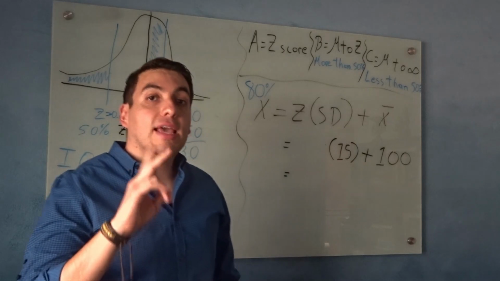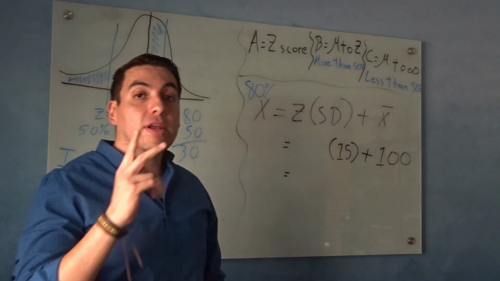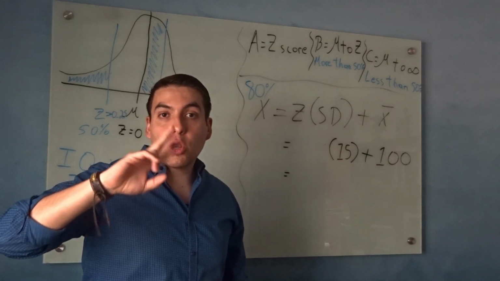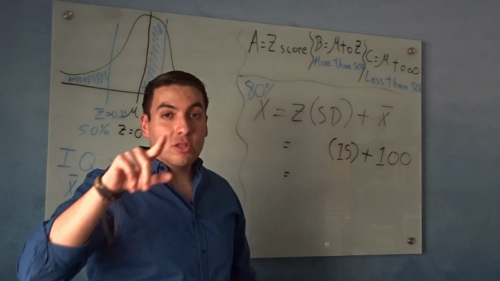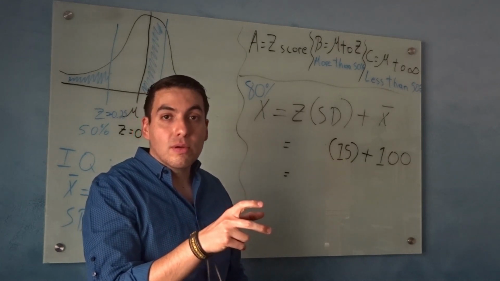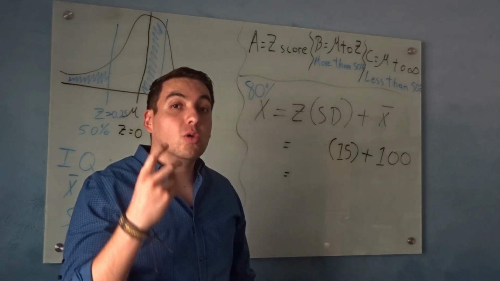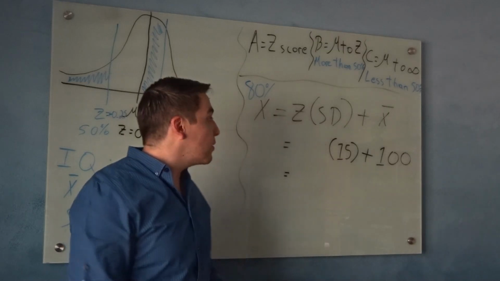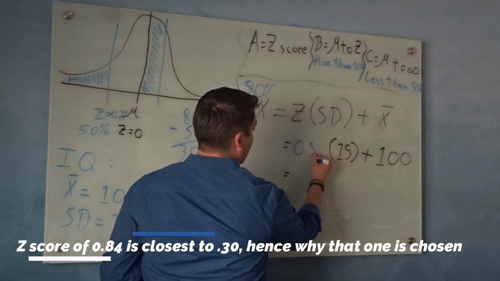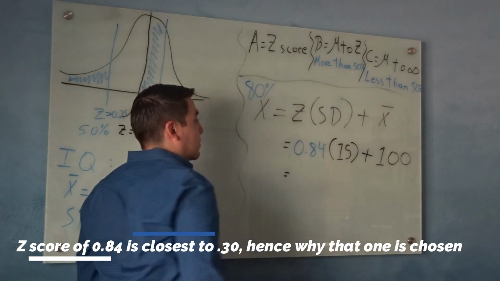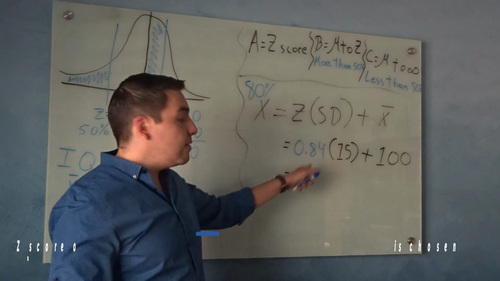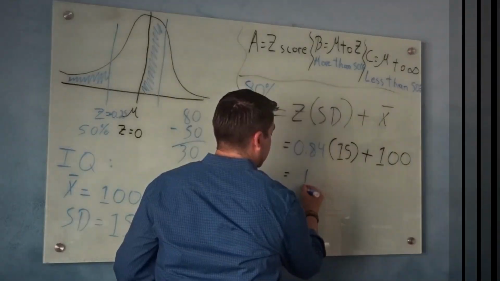You have a 0.84 as a z-score or a 0.85. However, which one of those two is closest to 0.30? Even though it's a couple numbers below, actually the number that is closest is 0.84. Here you're going to put in 0.84. That's the z-score. So we're going to multiply 0.84 by 15 plus 100.